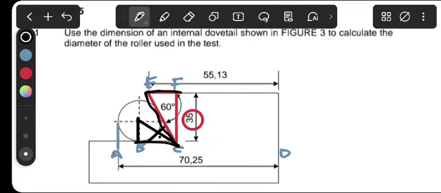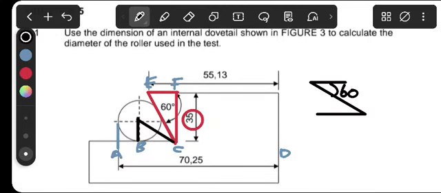Here we'll have 30, and this side will also have 30 degrees. That is what is going on there.